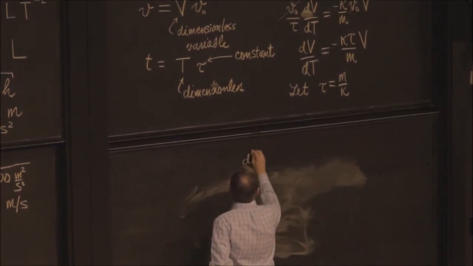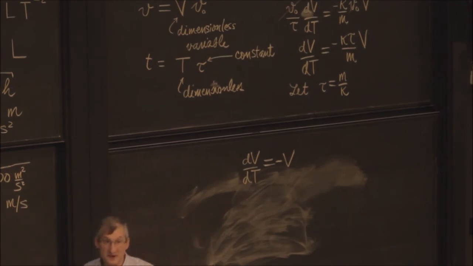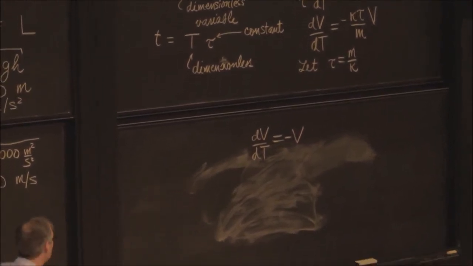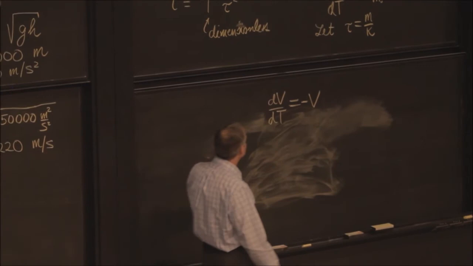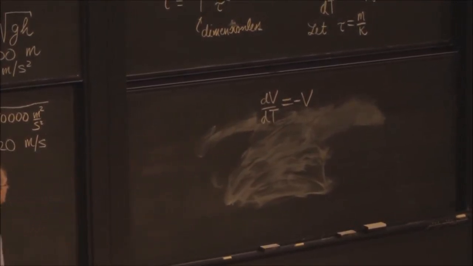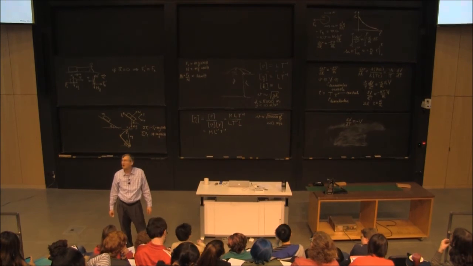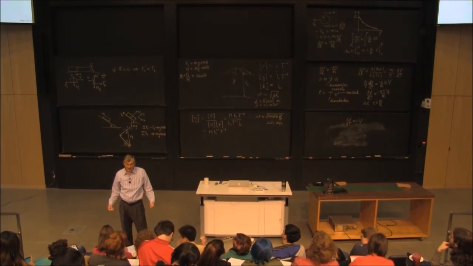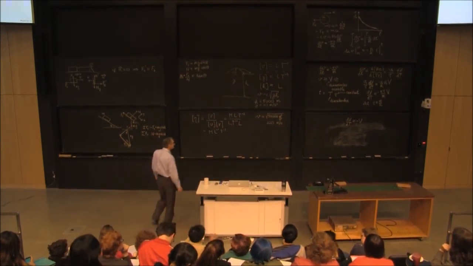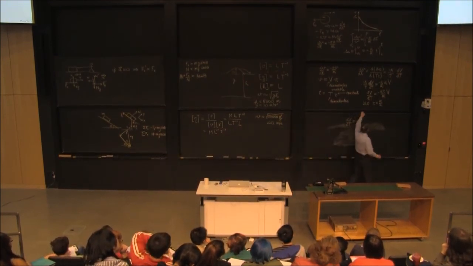I have dV dt is equal to V with a minus sign. I didn't want to factor the minus sign in because that is important for obtaining the exponential decay. So having done this, what is my initial value for capital V? 1. The velocity starts at v naught, and we're using v naught as our yardstick.